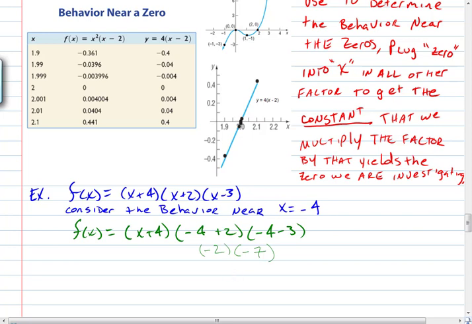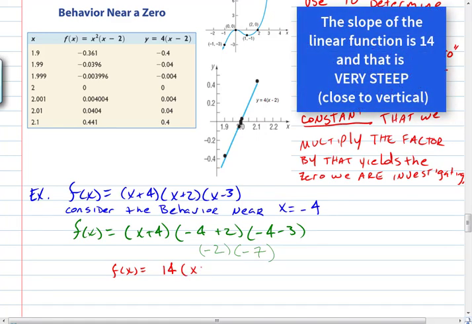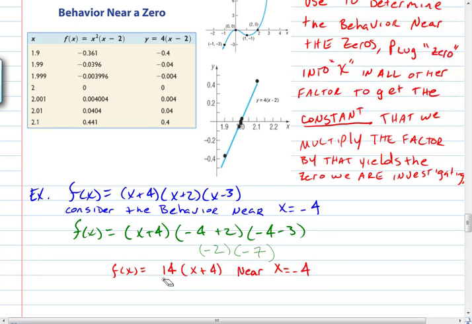So what we end up with is, near this 0, our graph would have the behavior of f of x equals 14 times x plus 4, near x equals -4. So that tells us that this is a linear function with a very steep x-intercept. So we would have a graph that would be almost vertical right there at -4. Our graph would be almost vertical passing through there, crossing through there, because 14 is a steep slope.